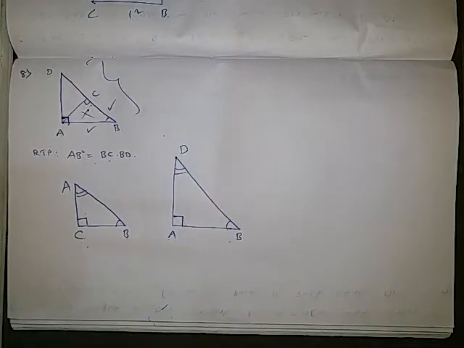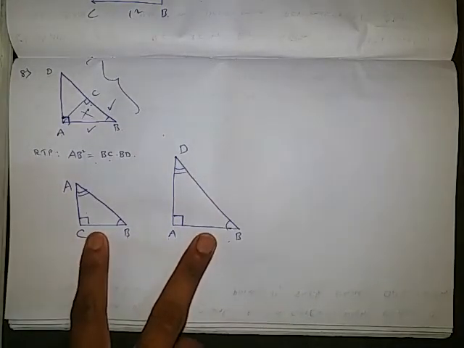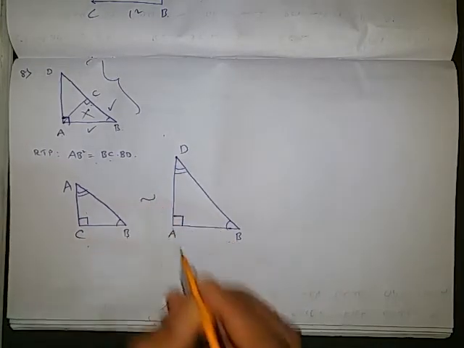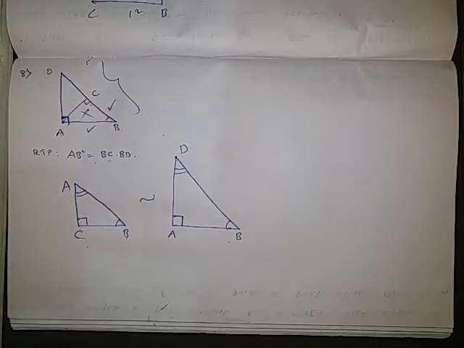So now if three angles are equal to each other, then those two triangles are said to be similar to each other. Now if those two triangles are similar to each other, we can apply the corresponding sides ratio. So let us apply that corresponding sides ratio.